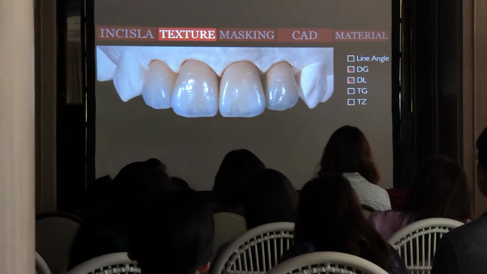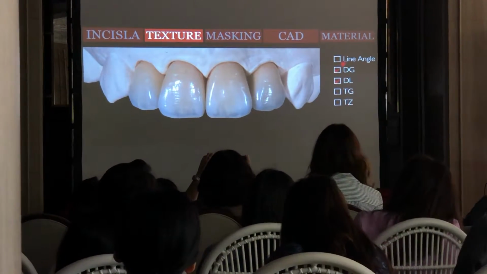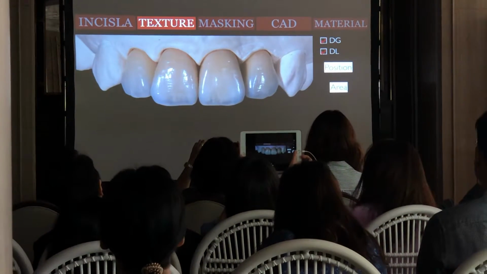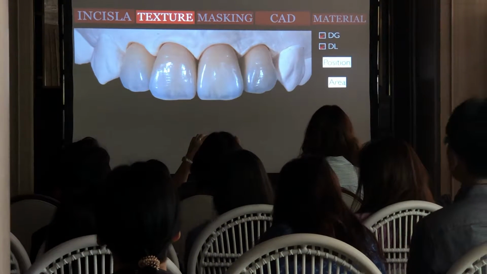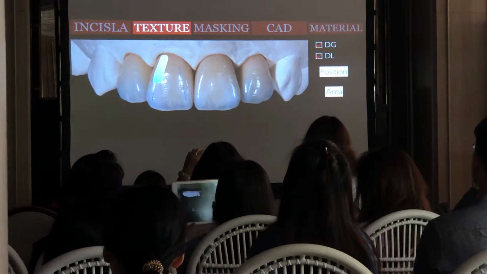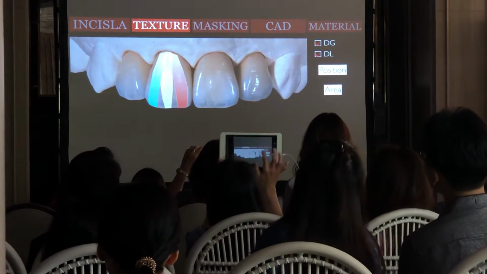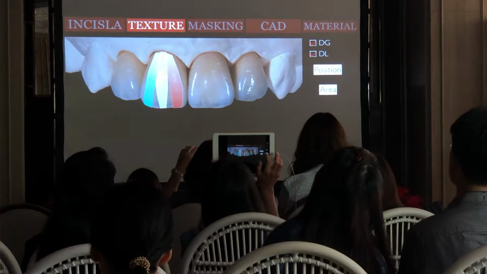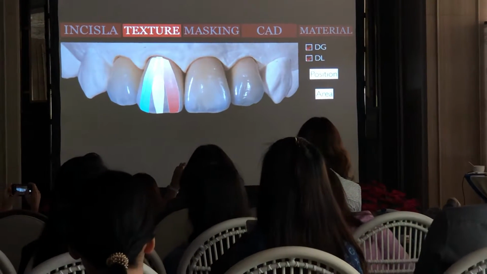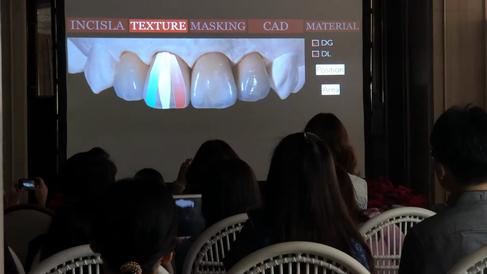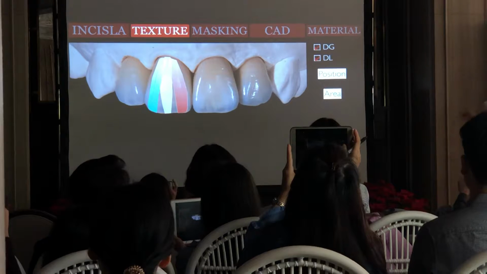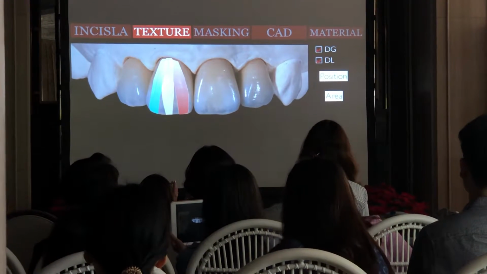And then this is the developmental groove and developmental lobe. Where is the developmental groove and the lobe? This is the line angle, and in the line angle we have the developmental lobe. In between is the developmental groove. But the most important part is not just saying, hey, I want a developmental groove, I want some developmental lobe.